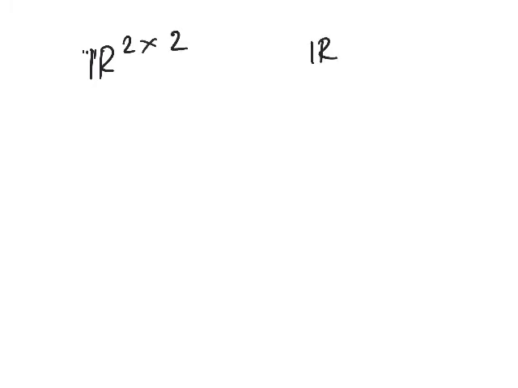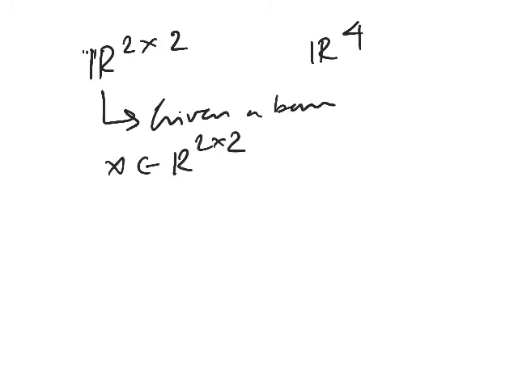R2 cross 2 and R4. Do you see any similarity between these two spaces? Similarity in tuple representation. Yeah, every element in R2 cross 2 can be represented as a 4-tuple, given a basis, right? Given a basis, X, an element of R2 cross 2, is a 4-tuple. And is it unique?